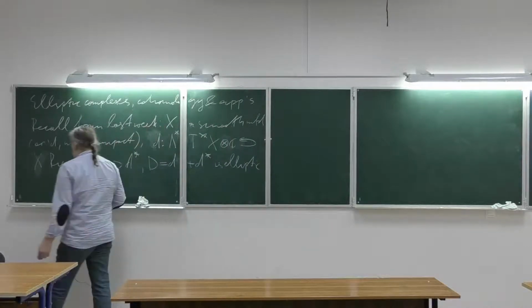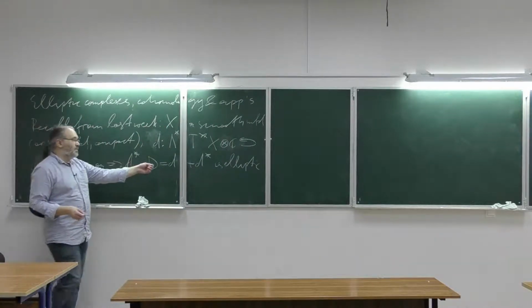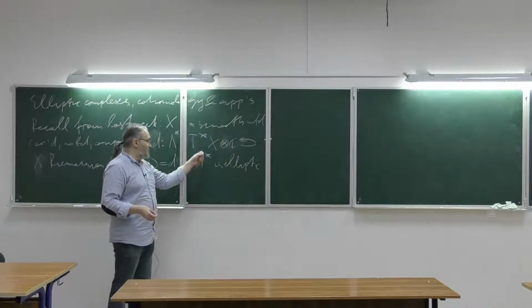And the sum of the differential plus the adjoint is elliptic.